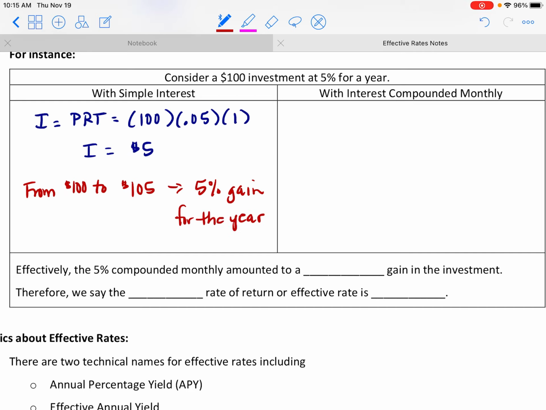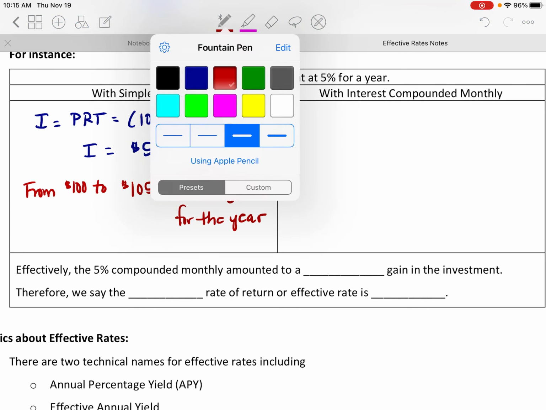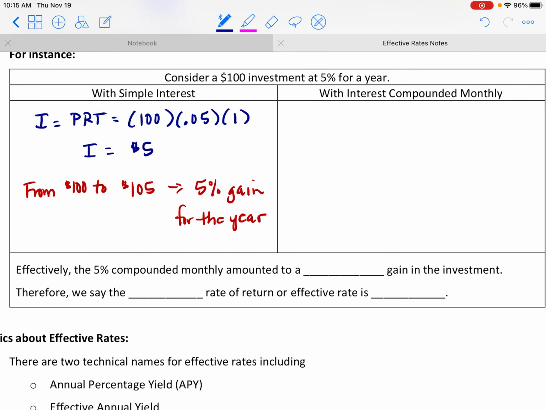Okay, and again, pretty easy to see. It's $100. It's only a year. A 5% simple interest is a 5% gain. Okay, so again, simple. With compound interest, it's a little more tricky. So let's say we're looking at interest that's compounded monthly for this particular scenario. Our compound interest formula, remember, a little more complicated here, but here it is. Compound interest formula says we're going to take that $100 principal, multiply by 1 plus our rate of 5 over n.